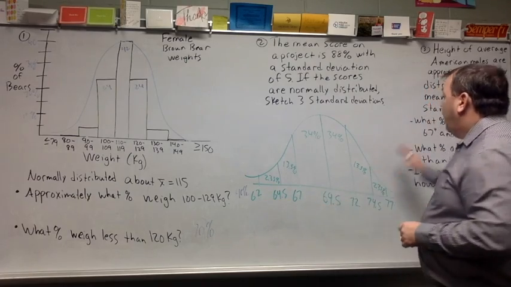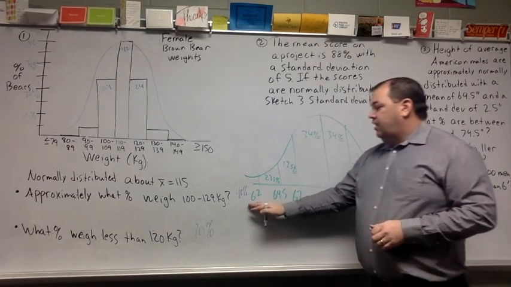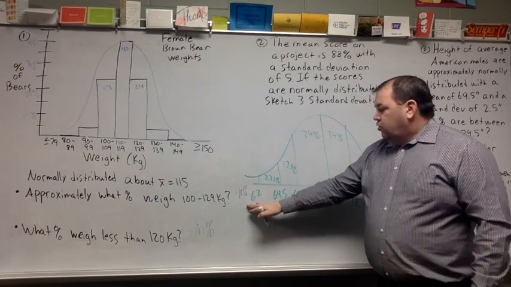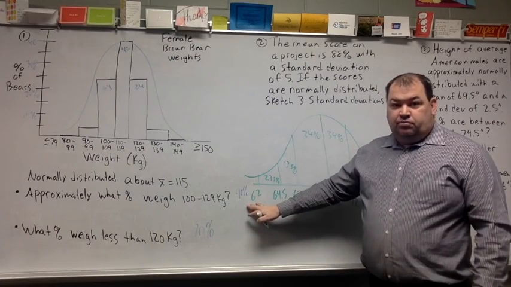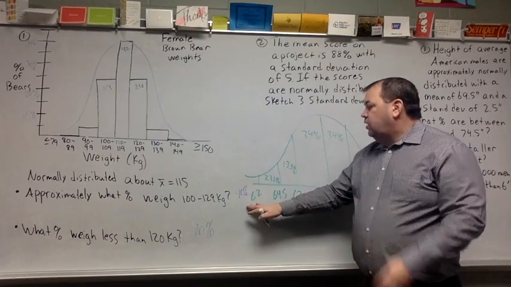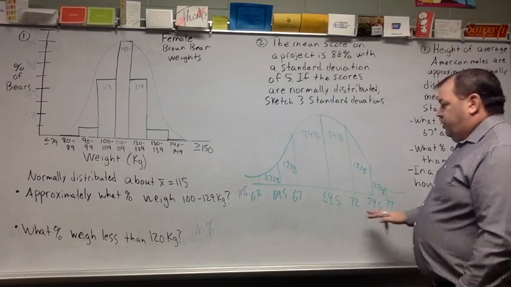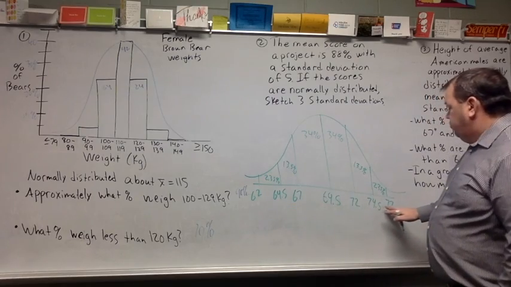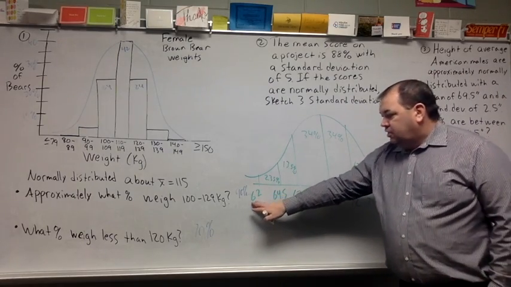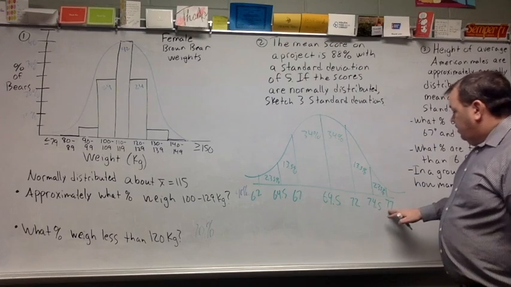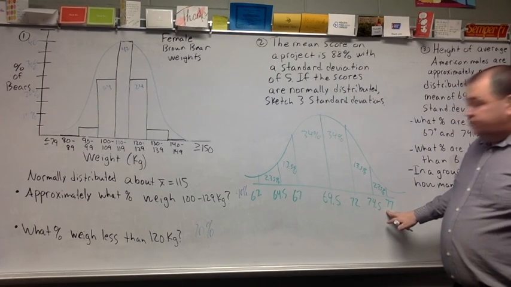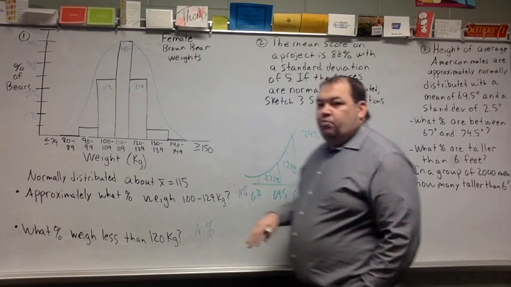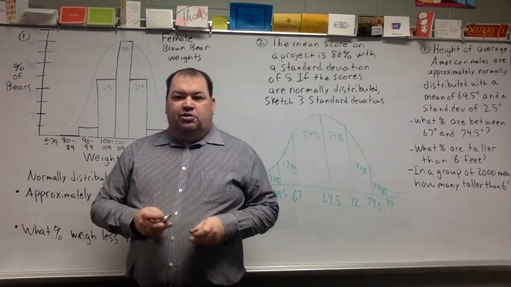And if we're talking about average American males, we don't have a lot of average American males who are shorter than 5'2". Okay, once they're done growing, they're usually somewhere. 99.7% of the population for average American males is somewhere between 5'2" and 6'5". So this is a normal distribution, an approximate normal distribution.